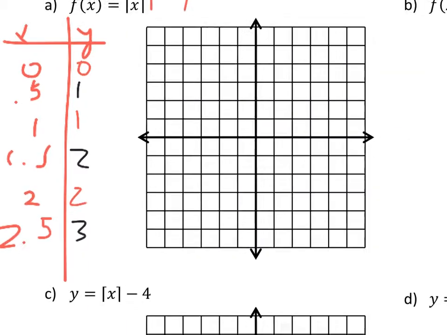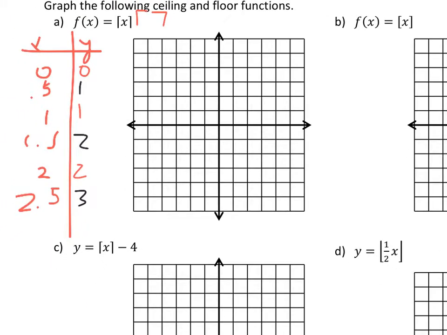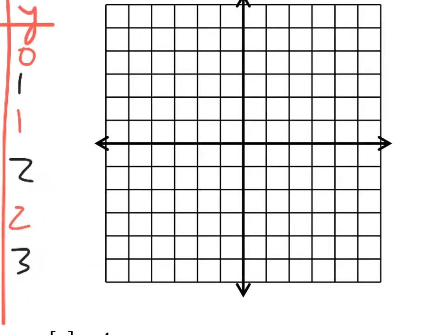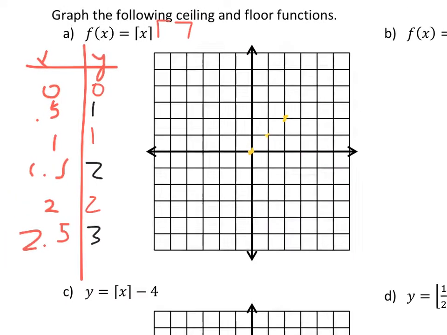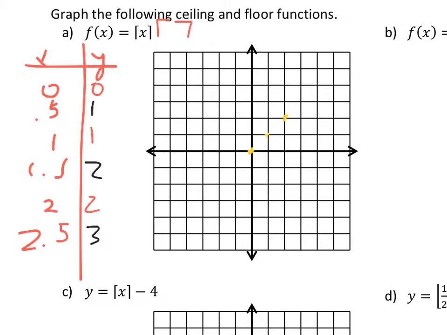Now I'm going to plot those points. Again, I'm going to start with the easy ones first. So I need 0, 0. Let's use a different color. 1, 1, and 2, 2. Okay, now I need the points where x is 0.5 and the y value is 1. So 0.5 is here and up 1 is here.